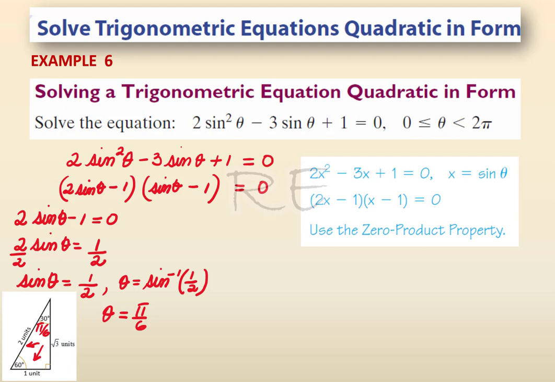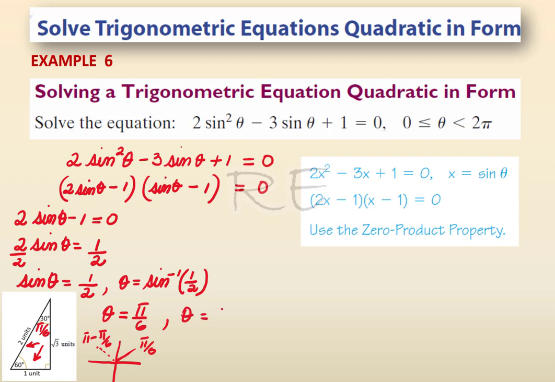Another angle with the same sine ratio within the interval 0 to 2 pi is pi minus pi over 6.